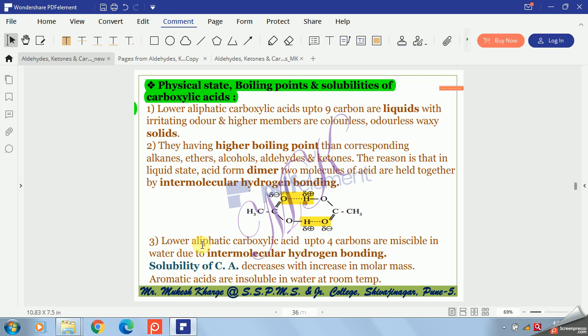Then lower aliphatic carboxylic acids up to 4 carbons are miscible, means soluble in water. So all are familiar with that, acetic acid is soluble in water, and the reason behind it is intermolecular hydrogen bonding. So instead of the second molecule of acetic acid, if you write water, that hydrogen of H2O gets attracted towards this carbonyl oxygen and they form intermolecular hydrogen bonding.